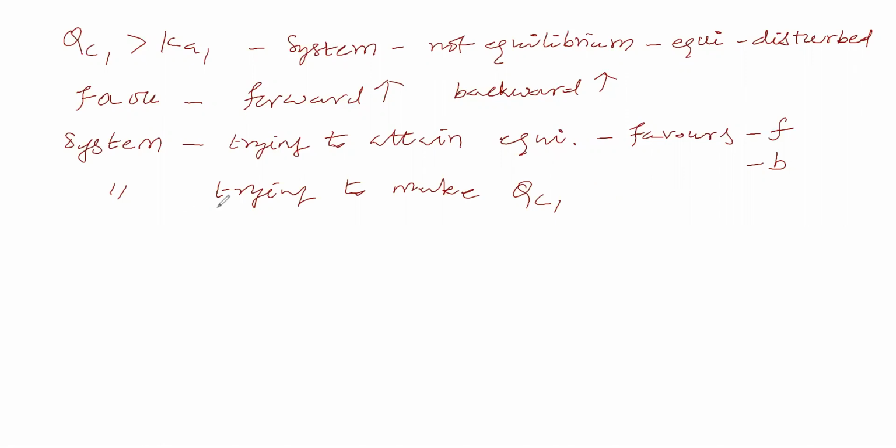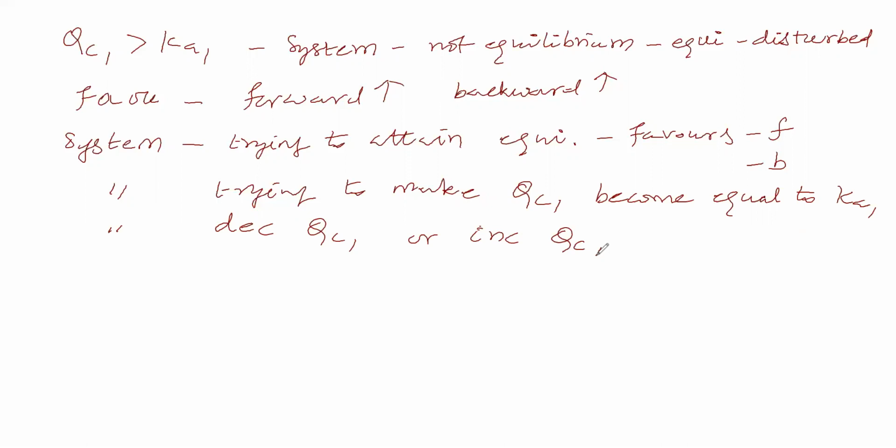That means system is trying to make QC1 become equal to Ka1, isn't it? For which system decreases QC1 or increases QC1.